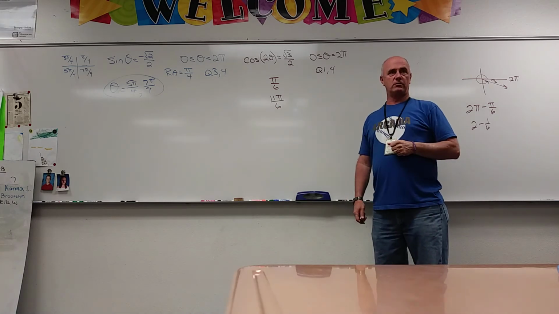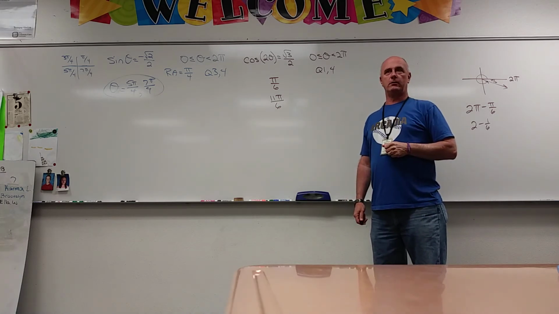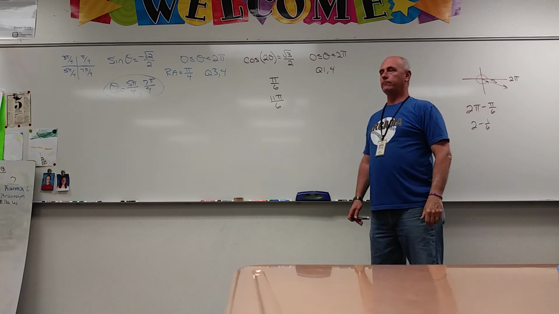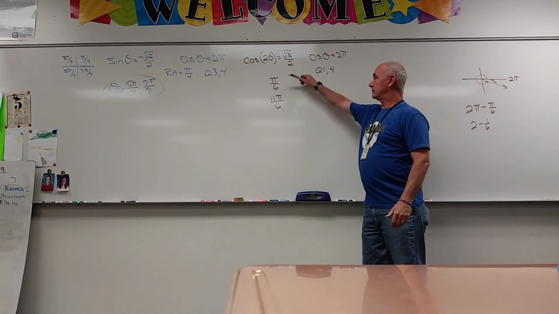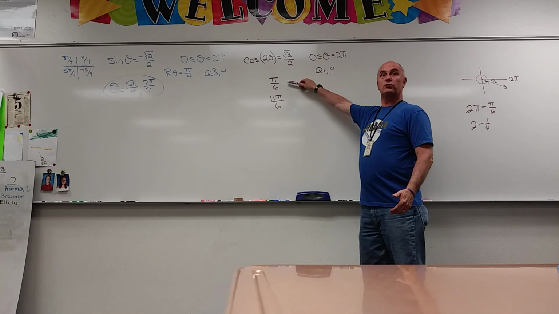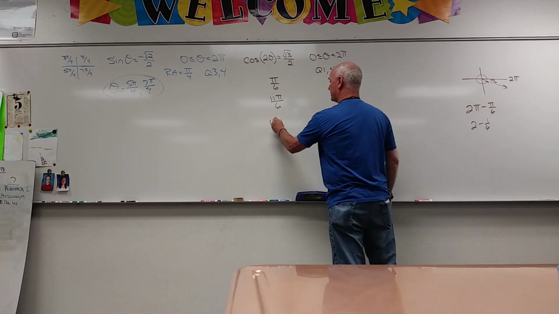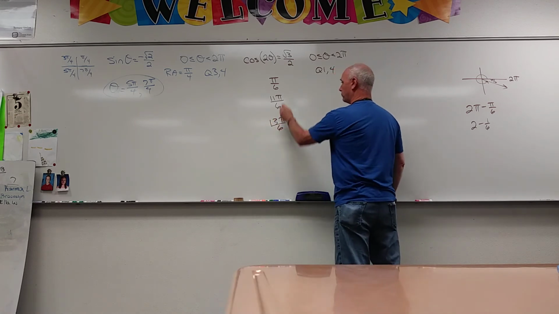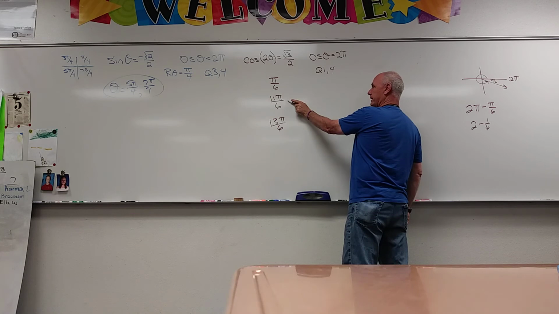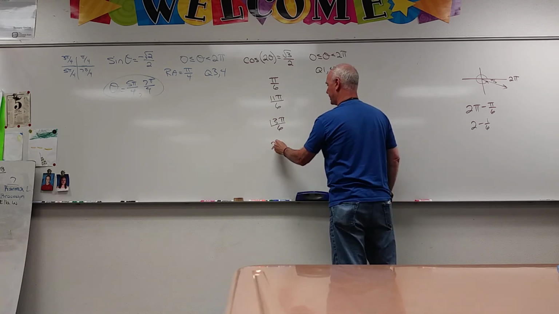Now in this case, we're not adding 360, we are adding 2 pi. 2 pi is 12 pi over 6. So if we add 12 pi over 6, we will get 13 pi over 6. And if we add 12 pi over 6 again, we will get 23 pi over 6.